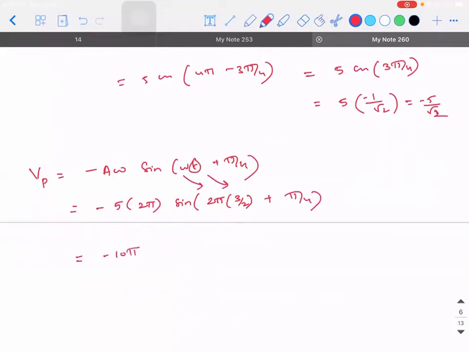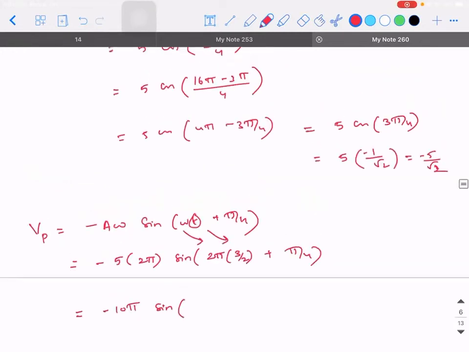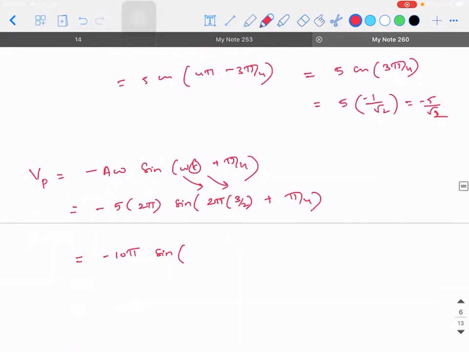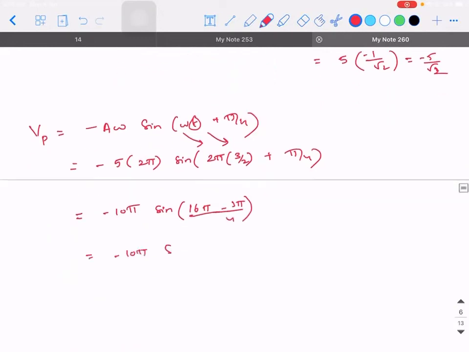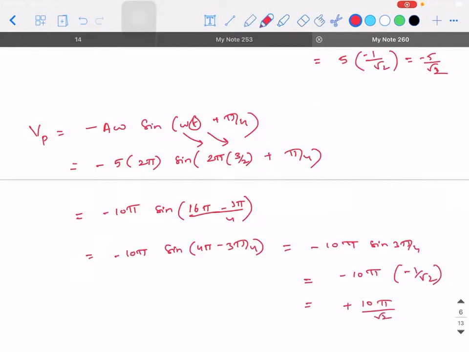Minus 10 pi into sine of the same 13 pi by 4, so the same 16 pi minus 3 pi by 4. So minus 10 pi into sine 3 pi by 4, which is how much? It is minus 1 by root 2. So minus, it is plus 10 pi by root 2 units.